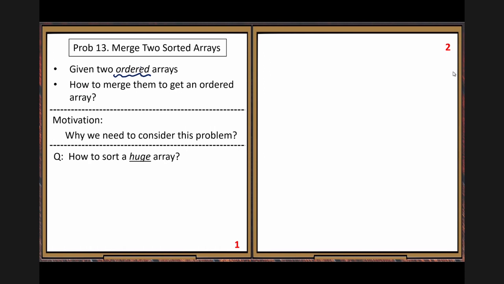So in that situation, let me use this line segment to represent that huge array. And one critical condition for this huge array: your main memory cannot hold the huge array. Your main memory is not large enough to hold the whole array.